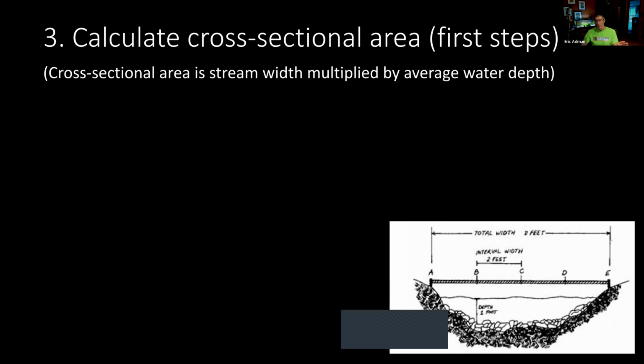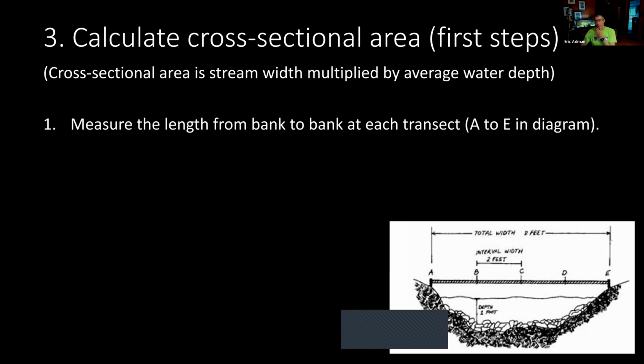So we're going to essentially figure out what is the area of that cross-section of the stream. First thing we're going to do is measure the length from bank to bank.